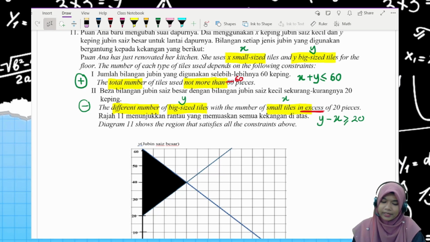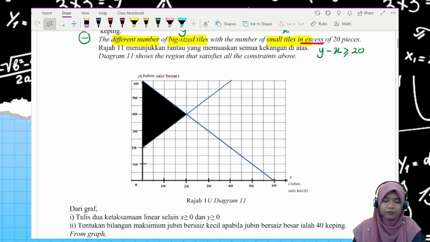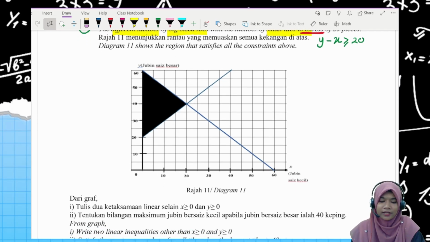Now this question already gave you the clue on what the inequalities involved are, because it's given in Diagram 11. Diagram 11 shows the region that satisfies all the constraints above.